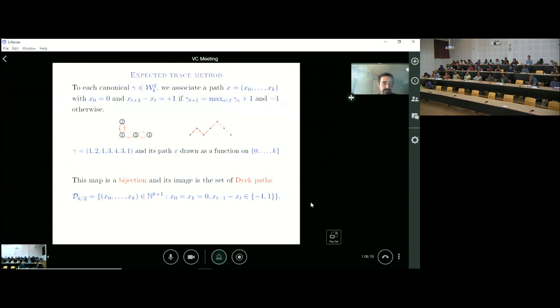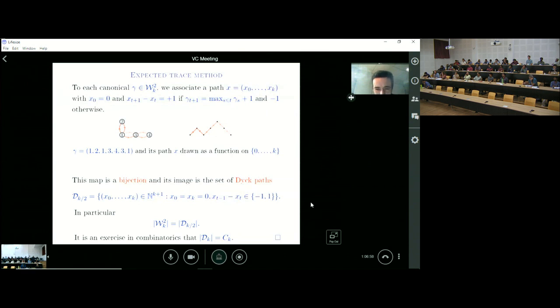The fact that it remains non-negative comes from the fact that when you go down, you do minus 1, which means you visit back an edge which was visited exactly once. So if you go down, you have previously been up by 1. Since it's a bijection, you deduce that the number of canonical paths we were constructing is exactly the number of Dyck paths.